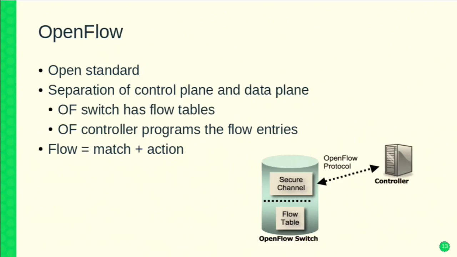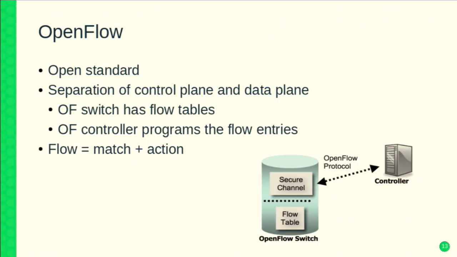The data plane is the packet processing, the fast packet processing that doesn't require any routing decision. The control plane instead is, say, the intelligent part, the one that makes the routing decision. So if you divide these two aspects, then you can easily handle the data plane using flows.